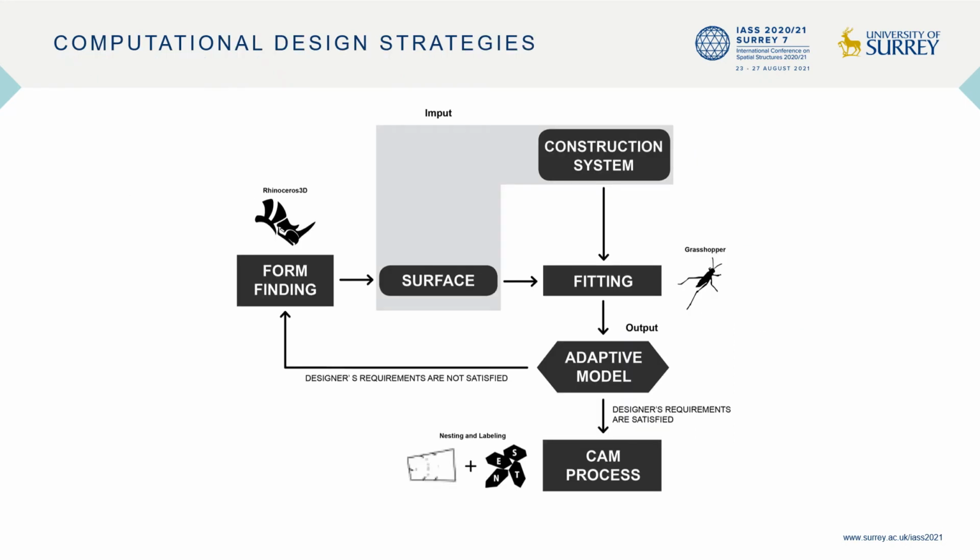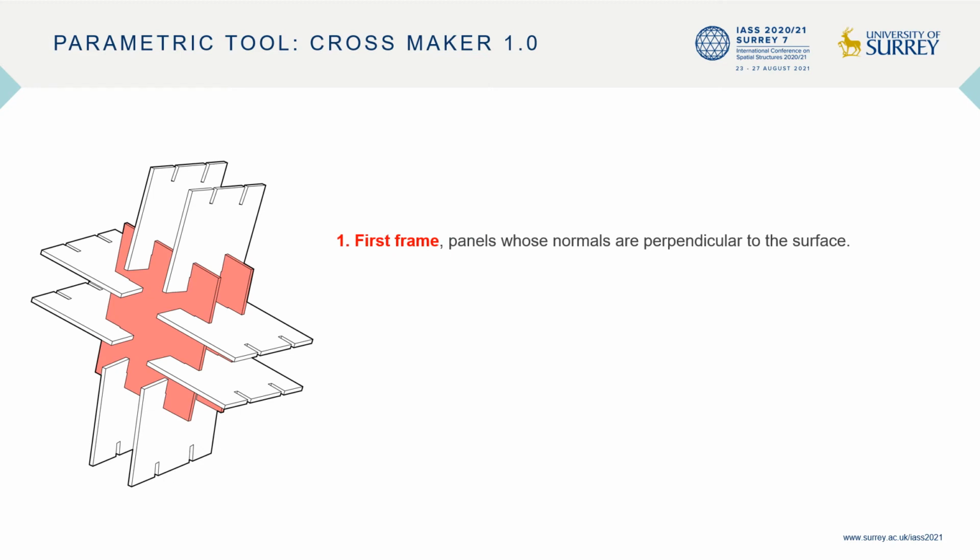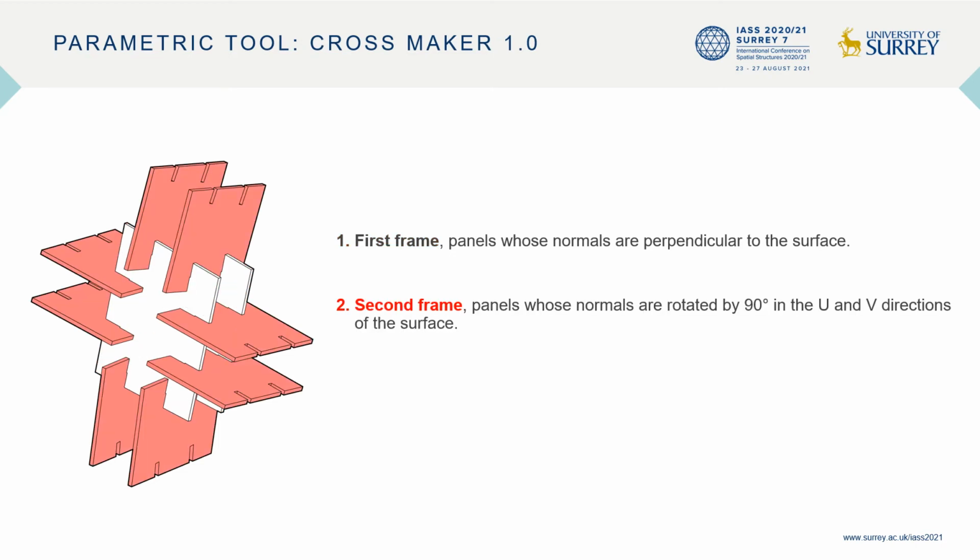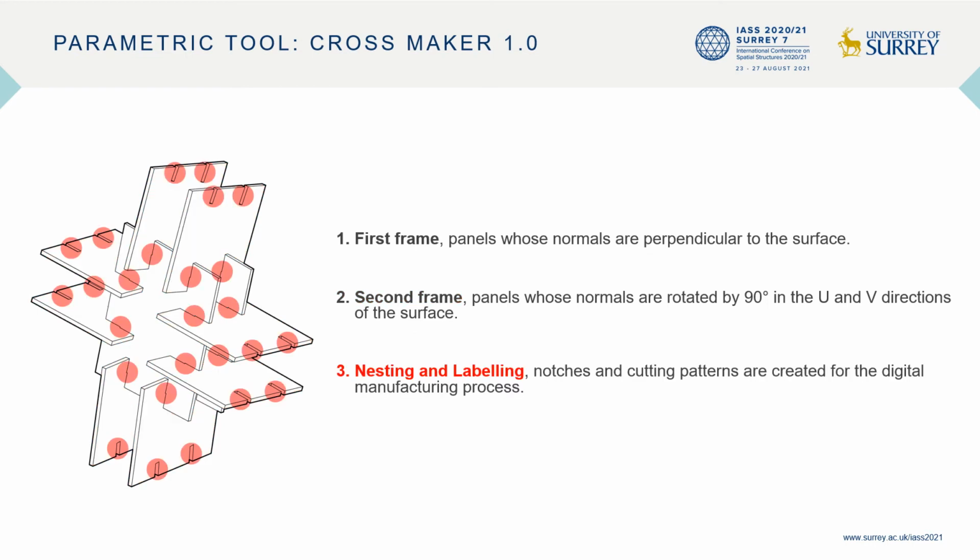In the next phase, computational design strategies have been developed in order to study the adaptive capabilities of the system. It was done in Grasshopper by creating a parametric definition that allows the fitting of the construction system on a given freeform. The definition has been divided into three parts: the first frame, with panels whose normals are perpendicular to the surface; the second frame, with panels whose normals are rotated by 90 degrees in the U and V directions of the surface; and the nesting and labeling phase, where notches and cutting patterns are created for the digital manufacturing process.